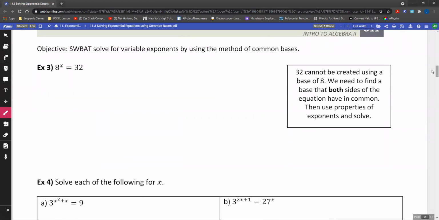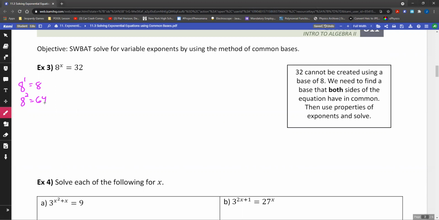All right, so here's the next one. Now, in this third example, as it says on the side, 8 doesn't equal 32. So 8 to the first is 8, but 8 squared is 64. Now that doesn't work, but I can rewrite both terms as powers of some other number.